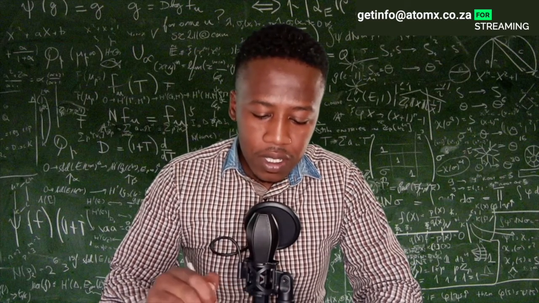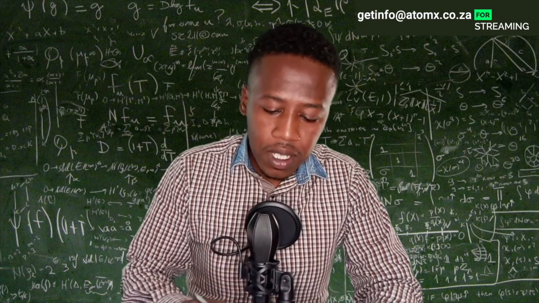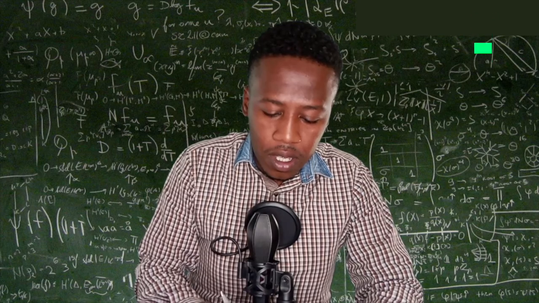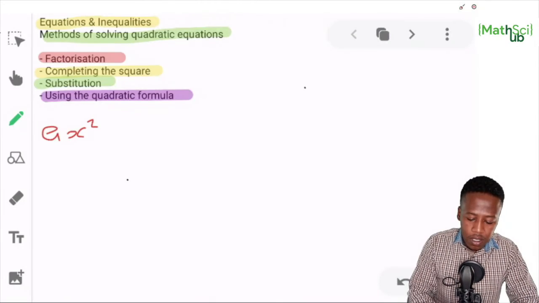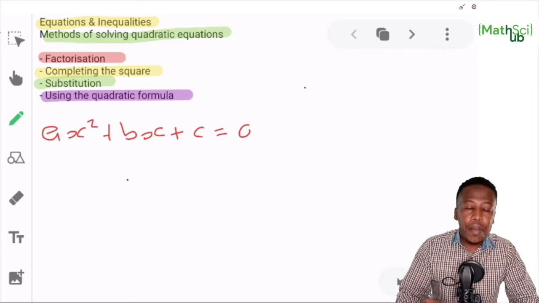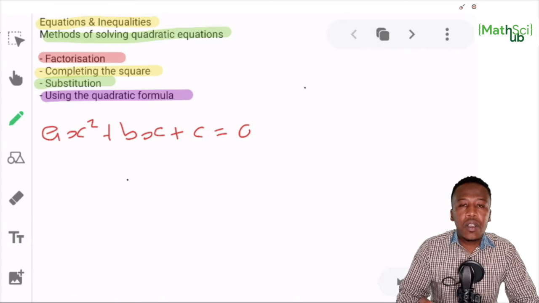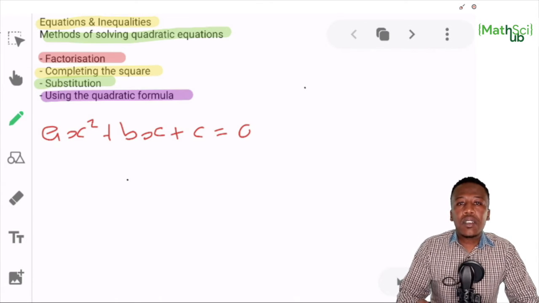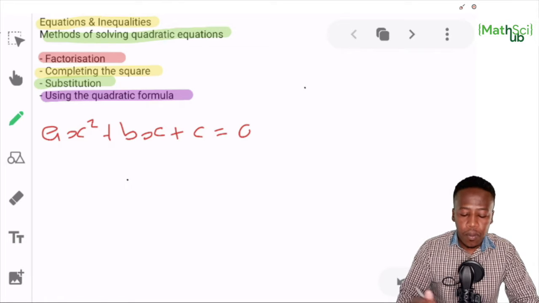A standard quadratic form is basically ax squared plus bx plus c equals 0. Right? This is the basic quadratic form. So whatever expression you will be dealing with, try to get it into this basic quadratic form.